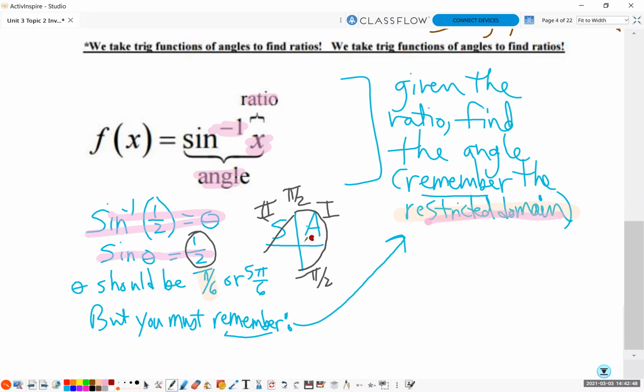So I'm eliminating that second quadrant. I have to use a first quadrant angle. So while pi over 6 and 5 pi over 6 both give me a positive 1/2, this is the only answer I'm giving because it can only be in quadrant 1. Why? Because we restricted the domain to create the inverse.